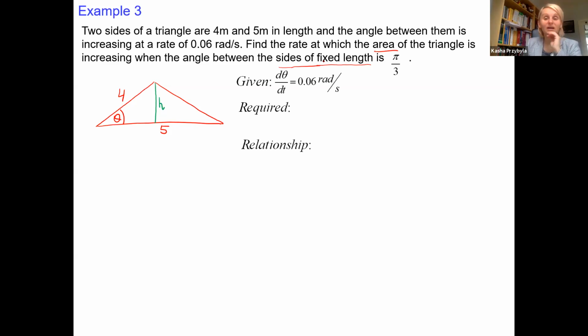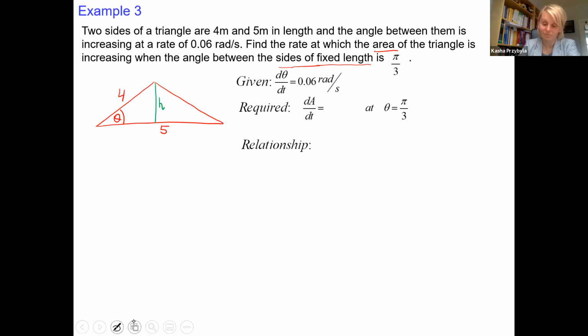Of course, we're using radians, the units for the angle. And what we have to find is the rate at which the area changes, dA dt, at the moment that the angle is 60 degrees, pi over 3.